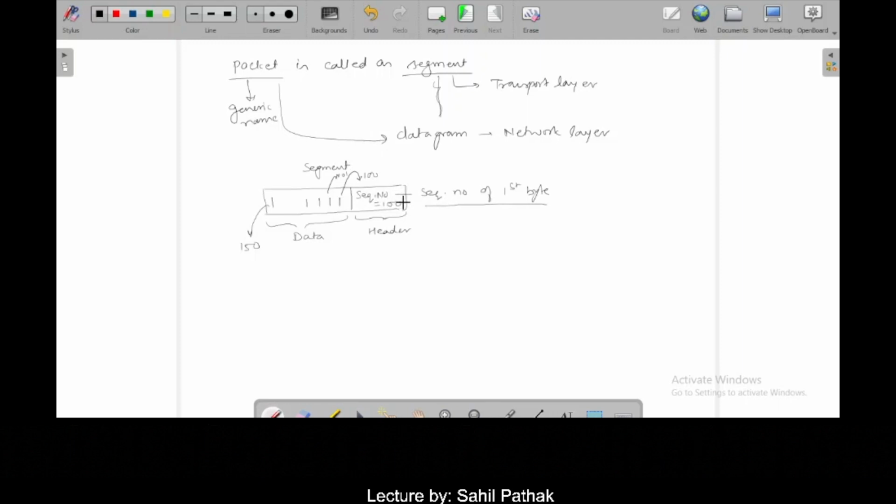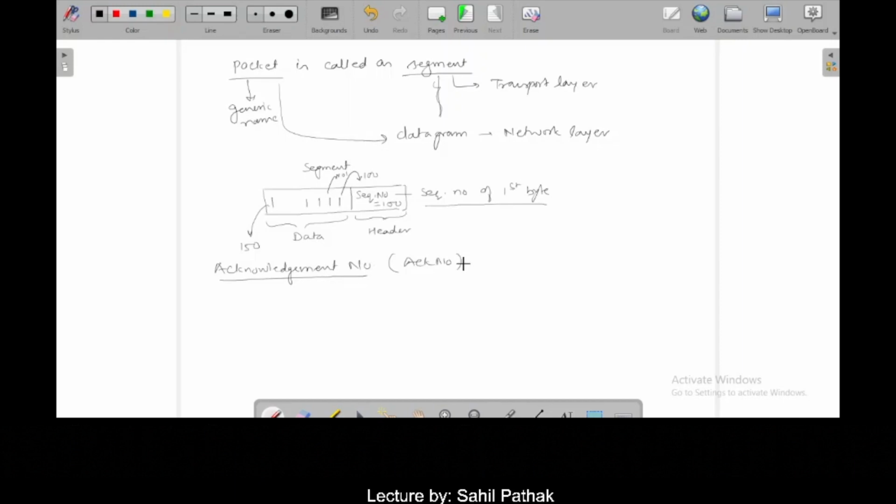Okay, there is another field in the third row, the acknowledgement number or ACK number. So when we send a segment to the other side, it will send the acknowledgement.